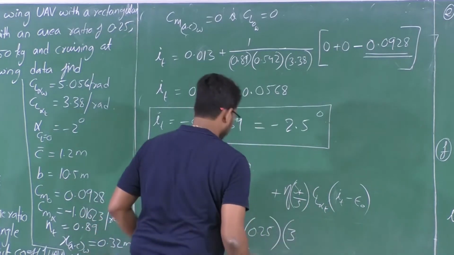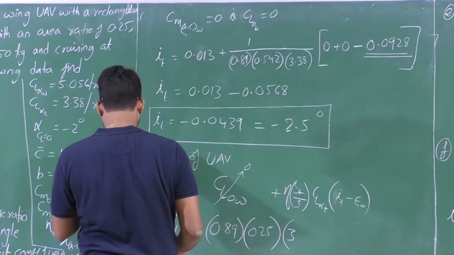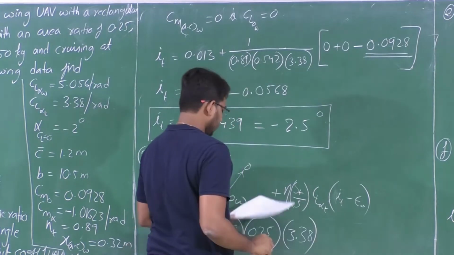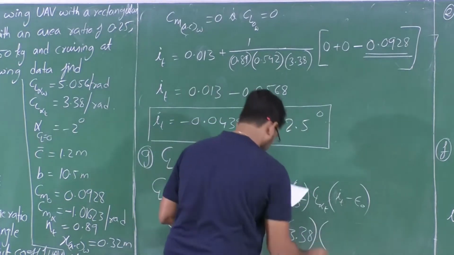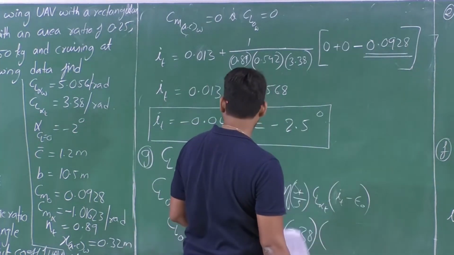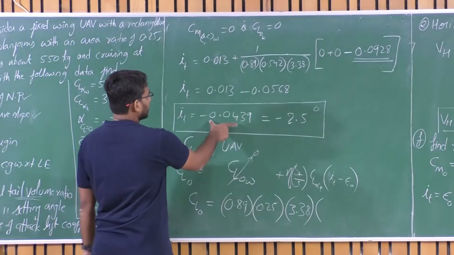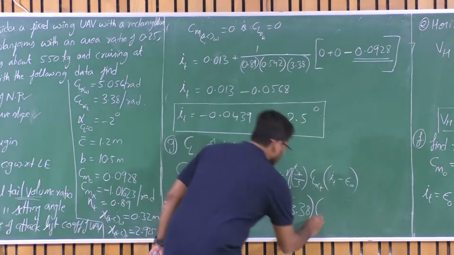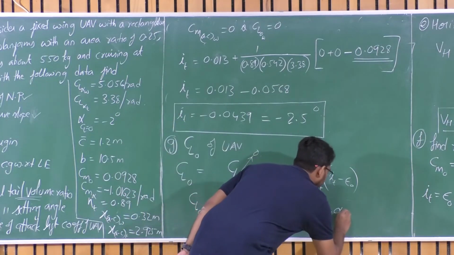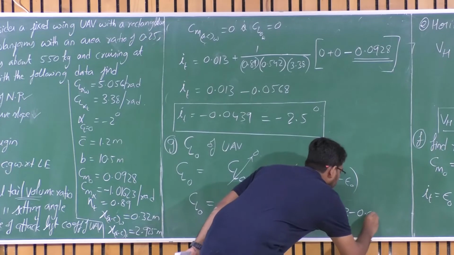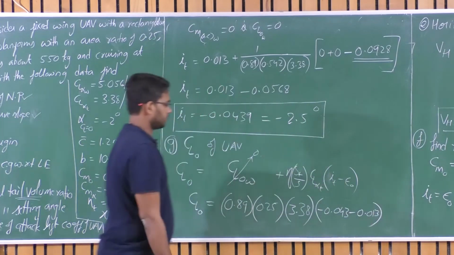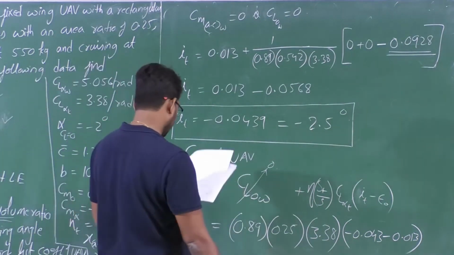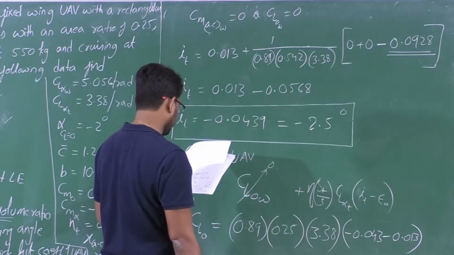This is 3.38, the lift curve slope of the tail, multiplied by minus 0.069, that is minus 0.043 minus 0.013, which is minus 0.056.